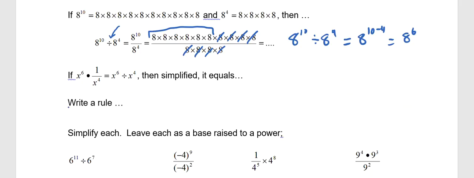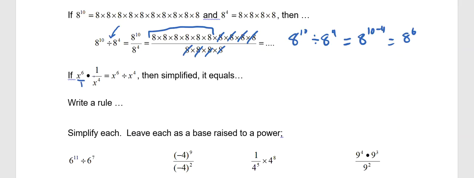Likewise, if we see division in disguise because we're multiplying terms that are reciprocals, I can take something that looks like this, x to the 6th times 1 over x to the 4th, and I can think of x to the 6th as written over 1.